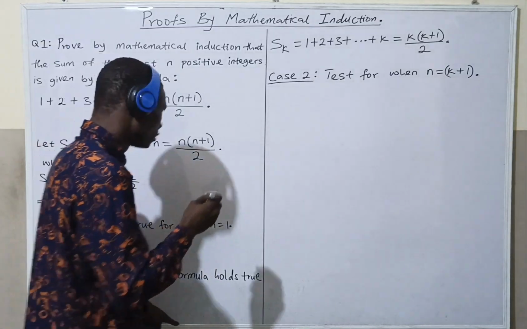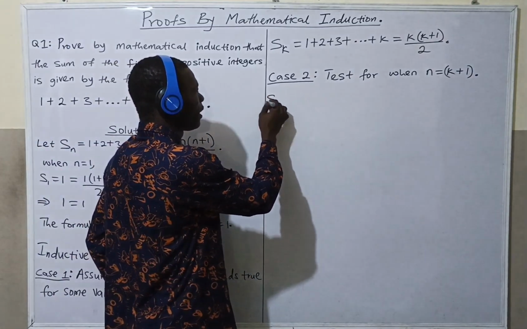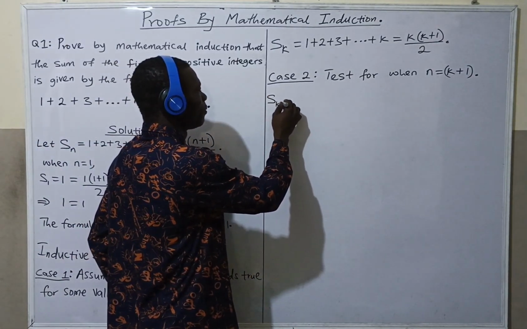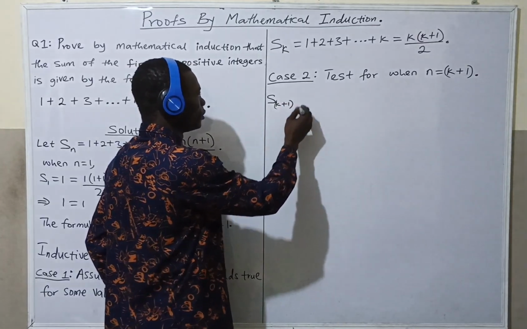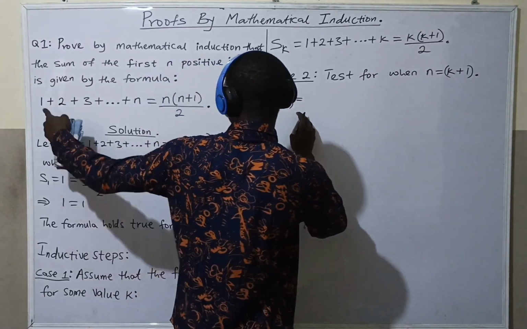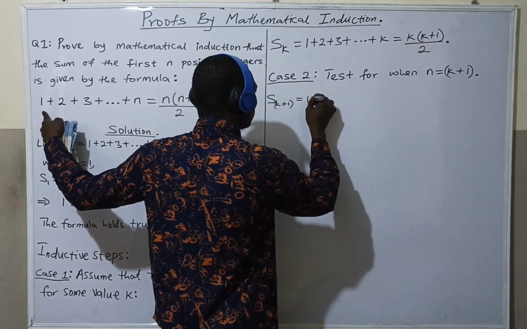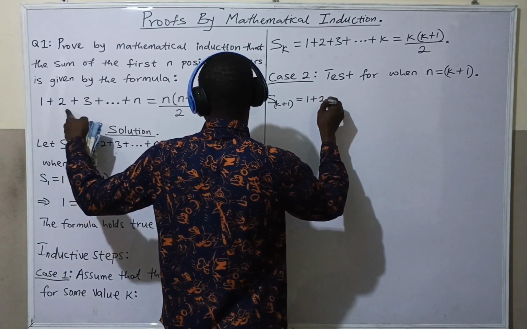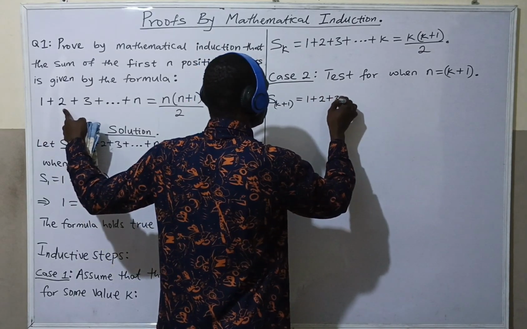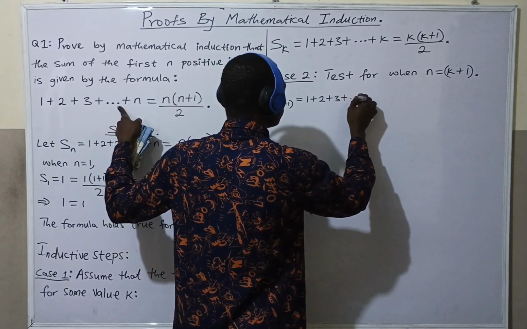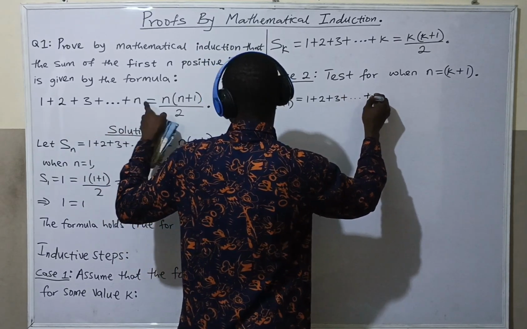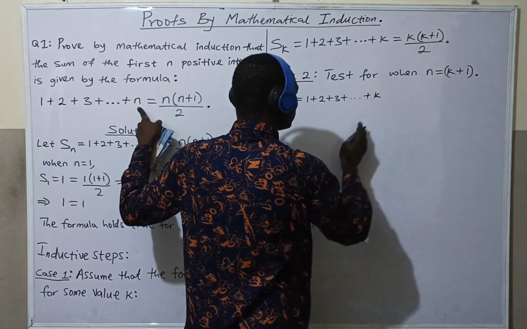Follow me. So we'll be having s subscript k plus 1, and that's going to be equal to 1 plus 2 plus 3, and then plus the list going on, plus k in this case.